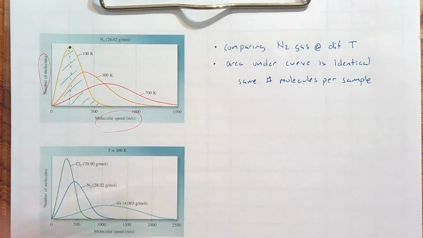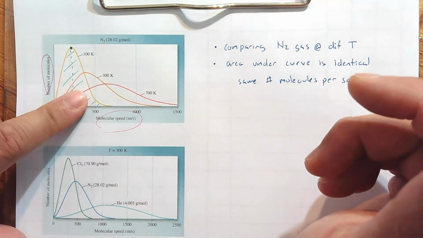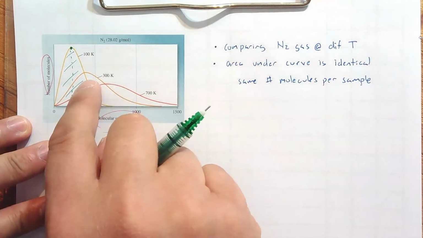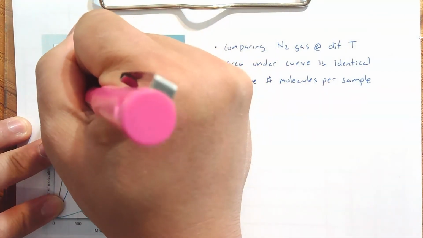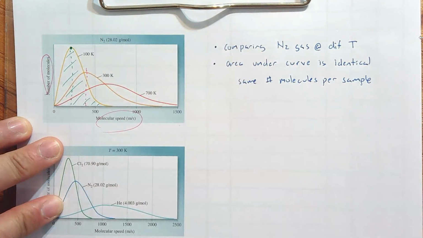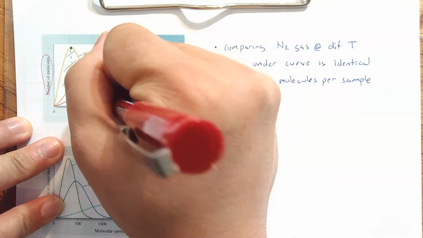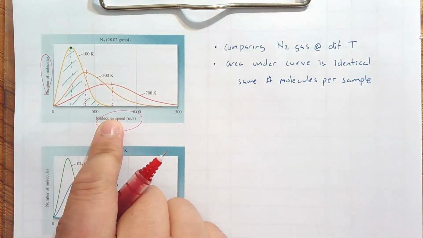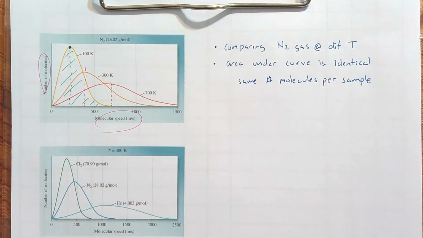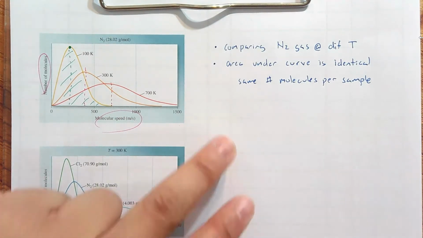I'll be more precise with my language in just a bit. But I want to first figure out trends. So as we raise the temperature, the peak shifts to higher speeds. And we go up to 700 and it shifts even higher. Okay, so that makes sense. The higher the temperature, the higher the speed.